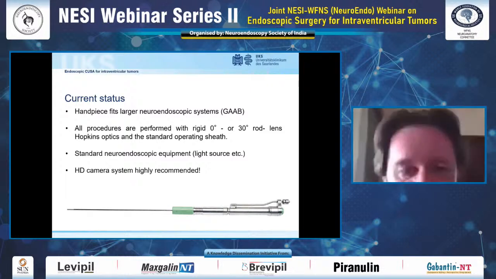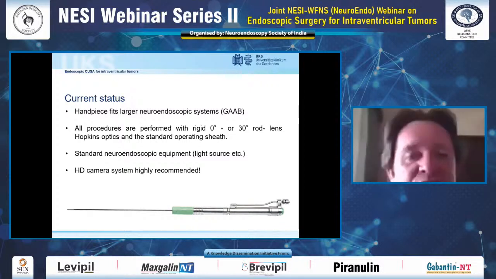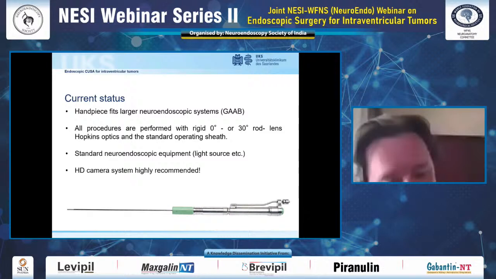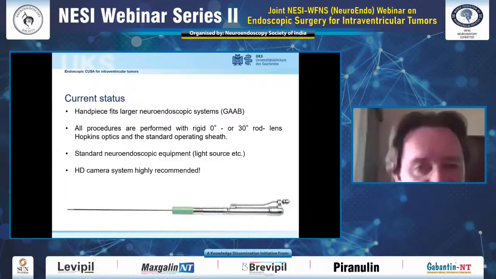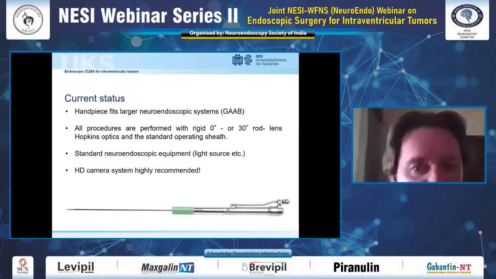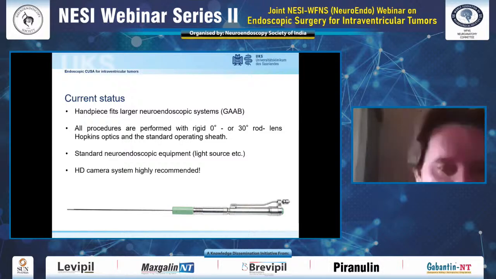I'm not aware of any other endoscope which really fits. There is a new CUSA in development, which I have not used so far, which should fit other endoscopes like the LOTTA endoscope. All procedures we performed were done with a rigid 0 degree endoscope, a standard operating sheath, and the standard neuroendoscopic equipment.